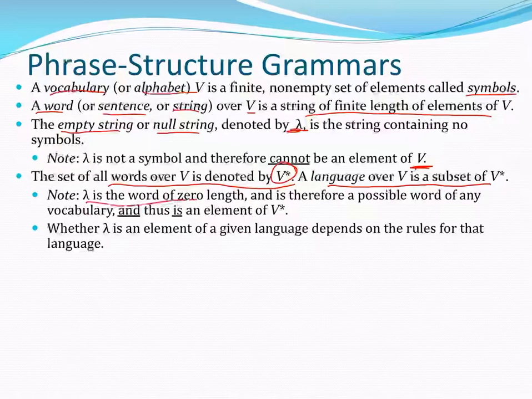Since the word of zero length is a possible word, it is always an element of V star, but whether or not it is an element of a given language depends on the rules.